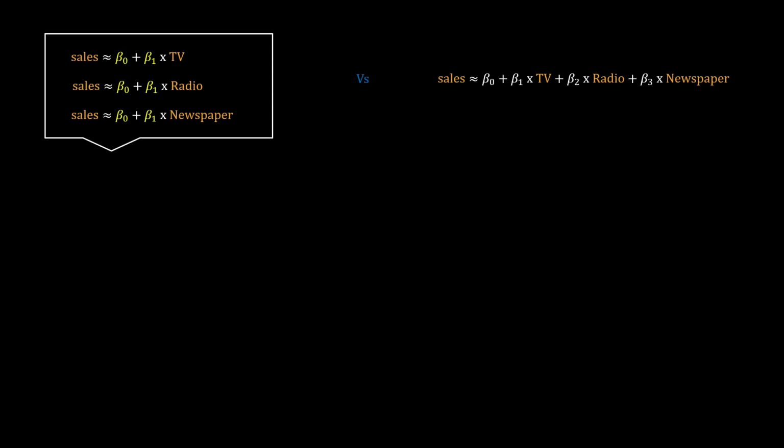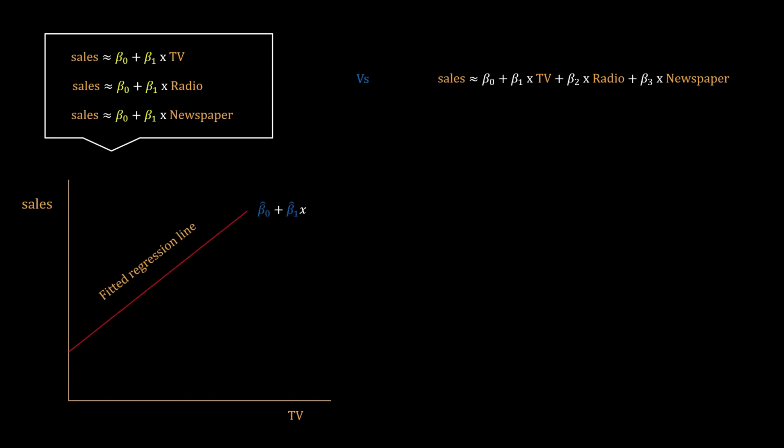To understand this, first we need to know how to interpret the beta coefficients. In the simple linear regression case, say sales is being regressed on TV, beta 1 represents the slope of the fitted line. And so for 1 unit change in the TV budget, the predicted y or the average sales will change by beta 1 times the change in TV.